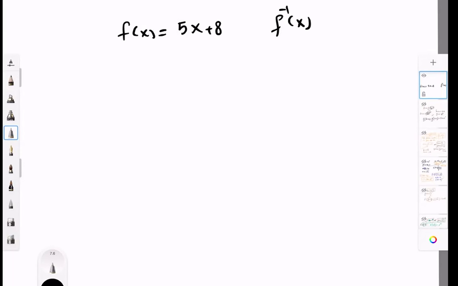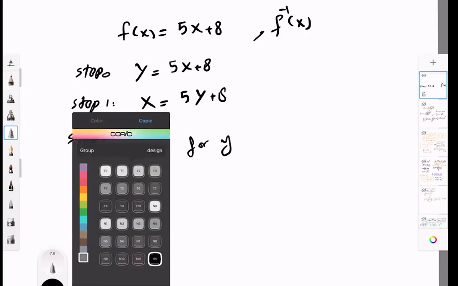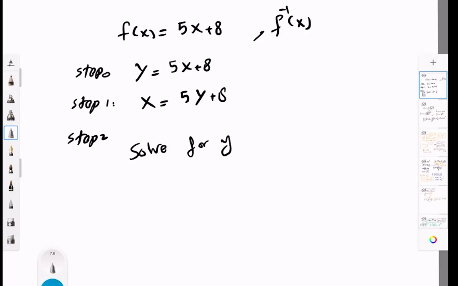Very good. So in order to find the inverse, we need to go through a few steps. Step 0, we make y equal to 5x plus 8. Then step 1, we change x and y. We say x equal to 5y plus 8. Then in step 2, we solve for y. When you solve for y, that means you're done. So this y, you should have it by itself.